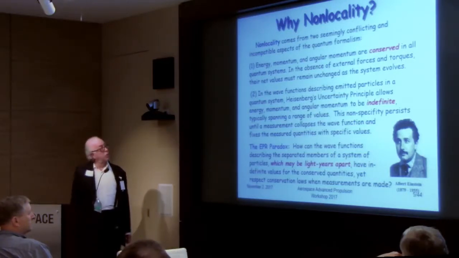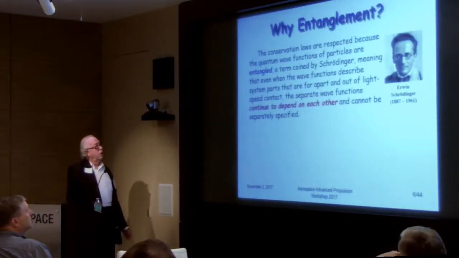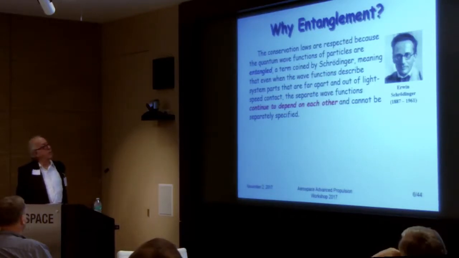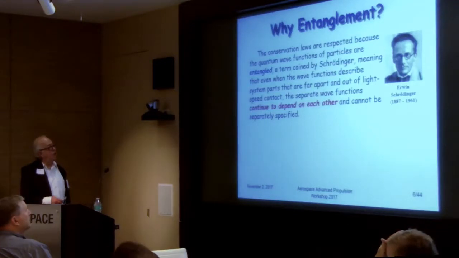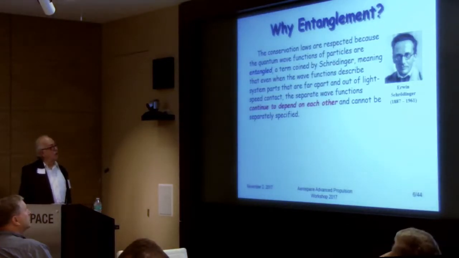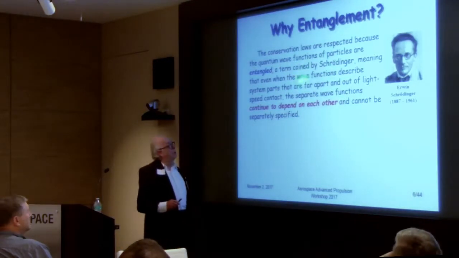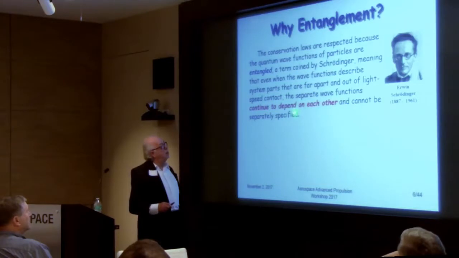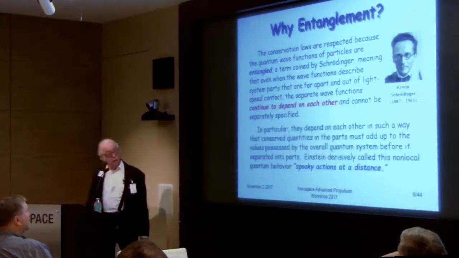So what do you do about it? Well, first of all, Schrödinger took up the torch immediately and published several papers investigating this property and coined the term entangled. What it means is that even when the components are separated, the wave functions continue to depend on each other and cannot be separately specified.